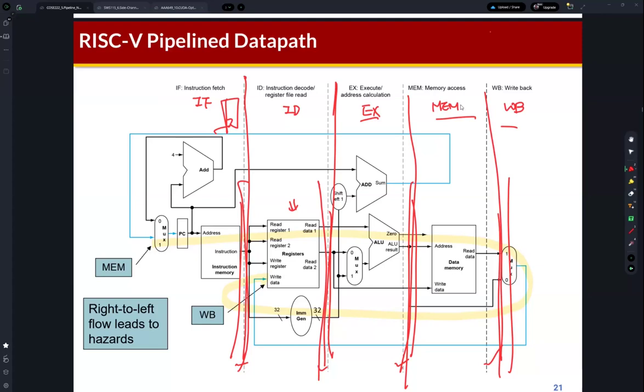We already learned that the pipeline architecture is composed of 5 stages. This is because when an instruction is executed, the instruction execution is also composed of 5 steps. What are the 5 steps? Instruction fetch, instruction decoding, execution, memory, and write back, right?